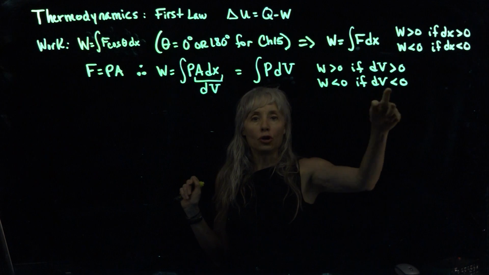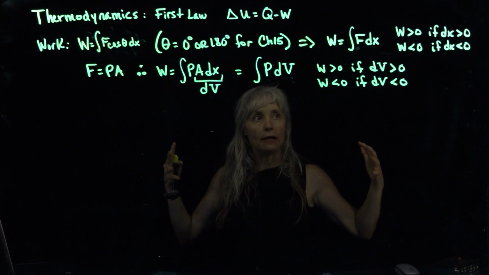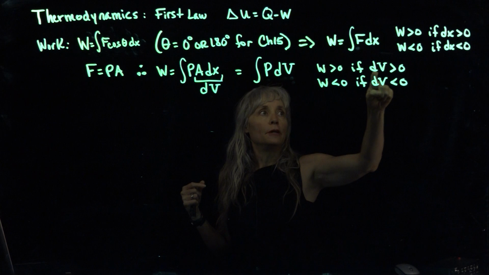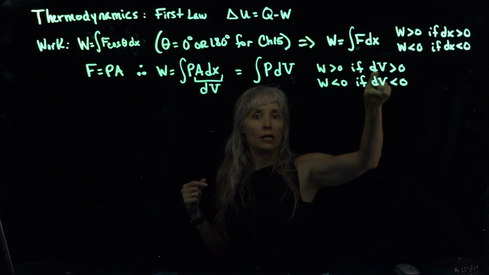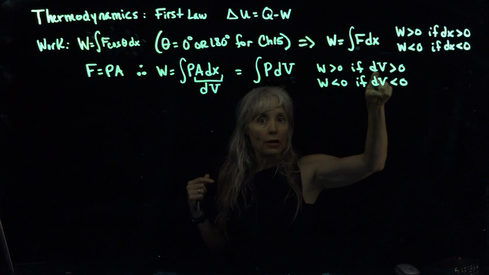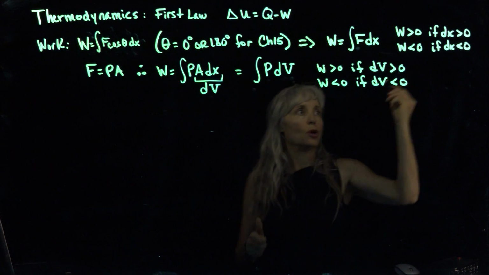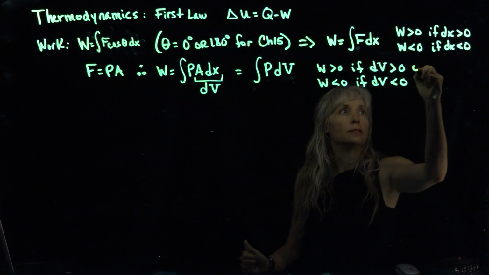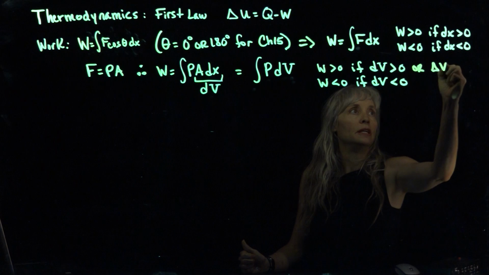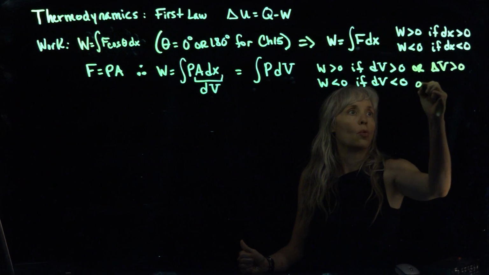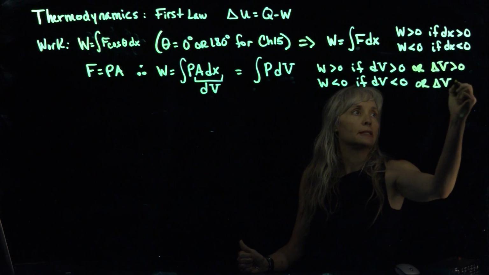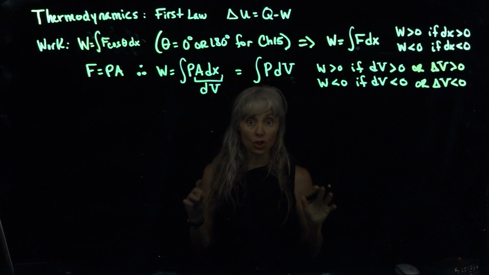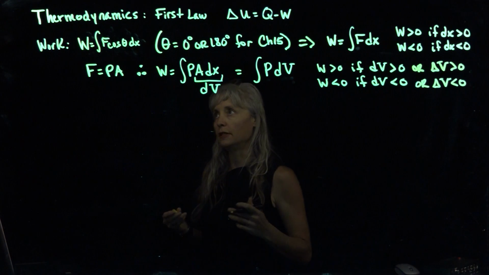So if the volume is changing to become smaller, then work is negative. If the volume is changing to become greater, then the work is positive. So another way I can write this is, if delta V is greater than 0, or if delta V is less than 0. It's just the change in the volume, not the volume itself.